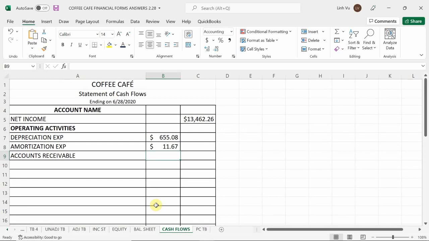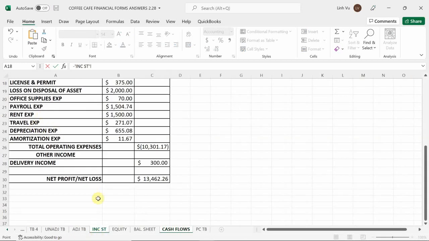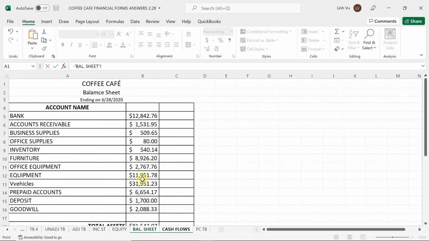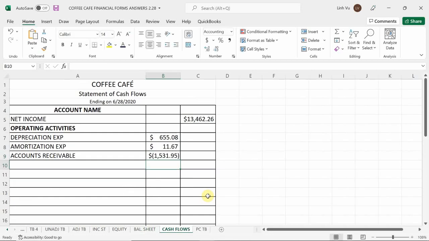In this case, no. We still have an account balance in my accounts receivable account, meaning I never received the money in the first place. So I actually need to subtract out this money because I never received it.